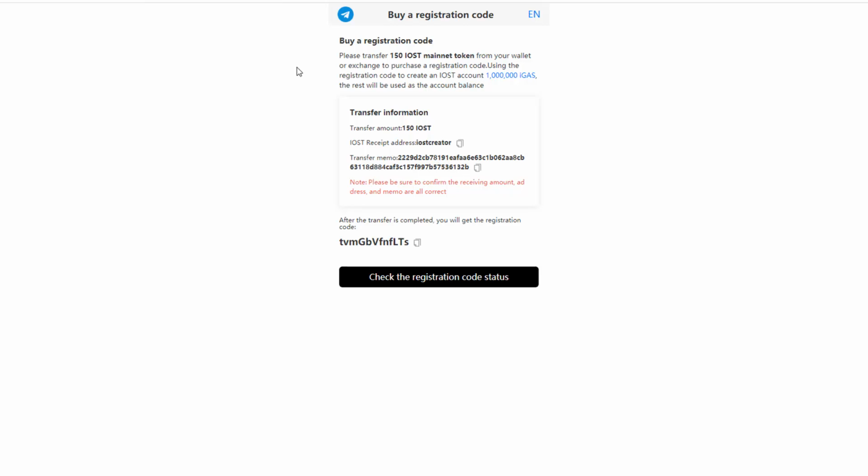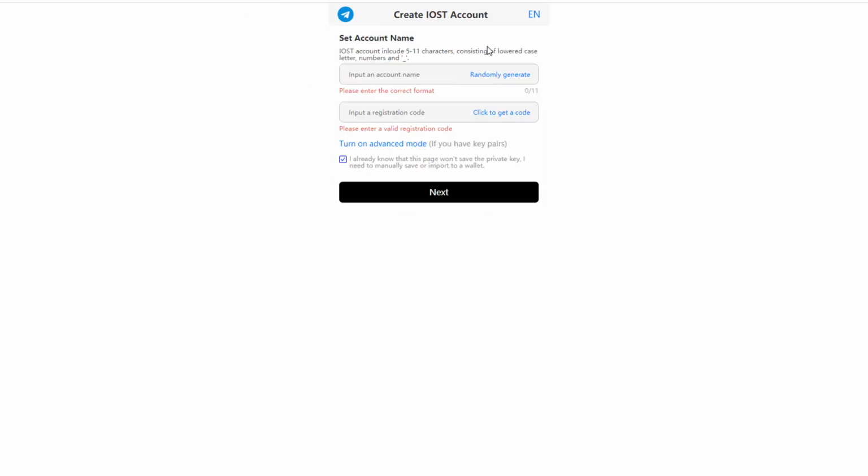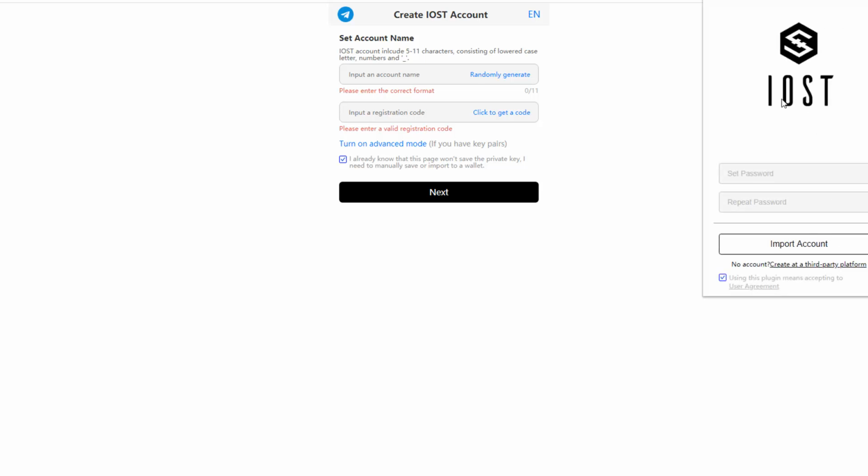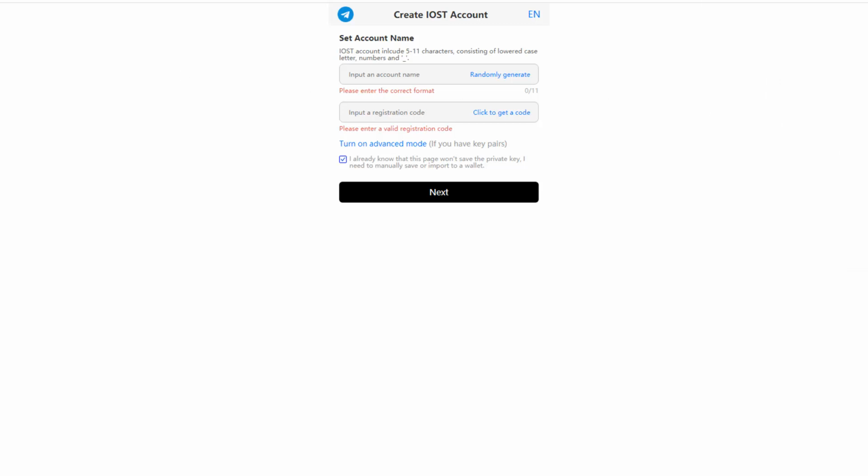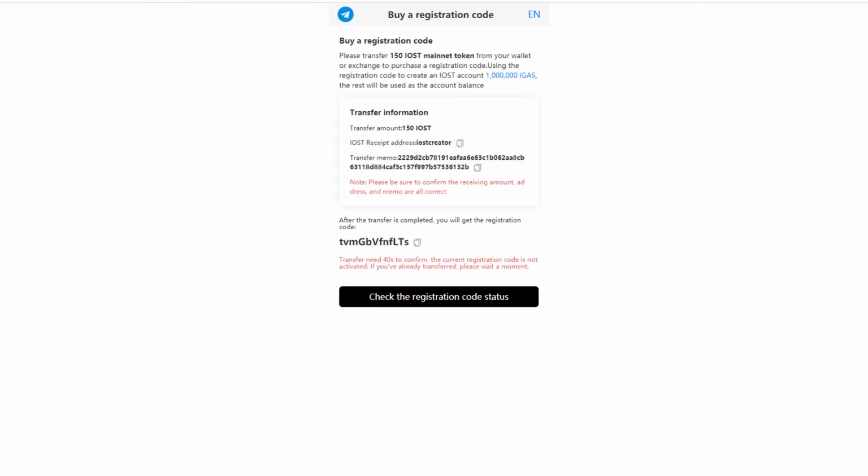Then you can generate a wallet, and once you've got your wallet, you can see this is the IOST Google Chrome plugin. Then you can create an account. If you're new to this, it's just going to be a lot of hoops to go through, in my opinion.